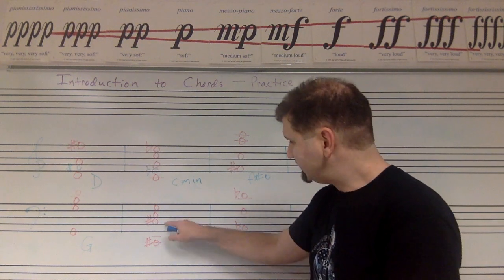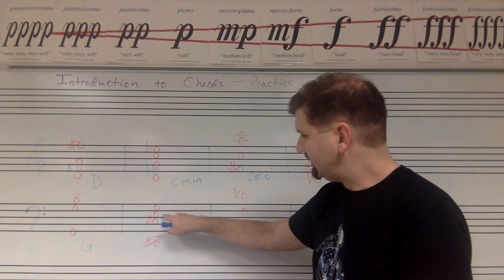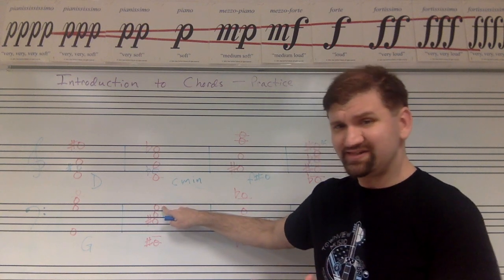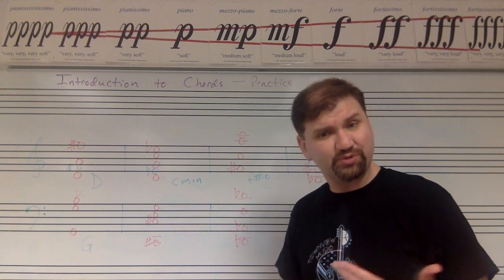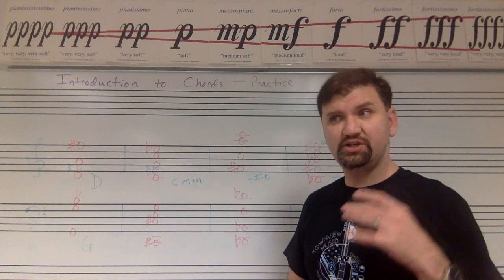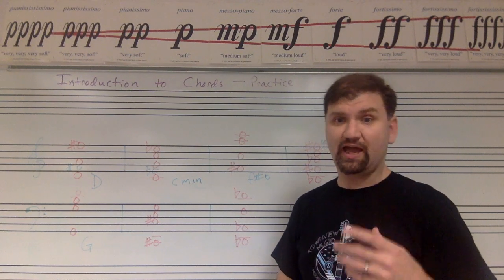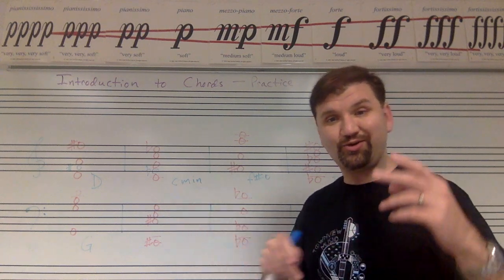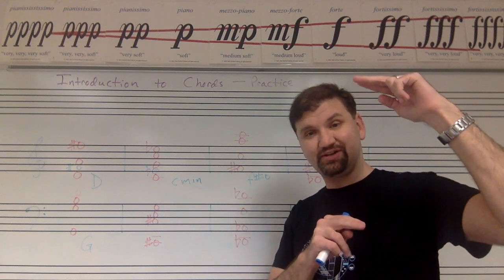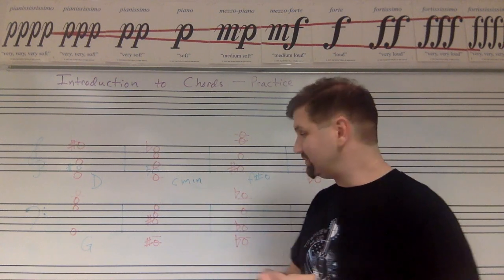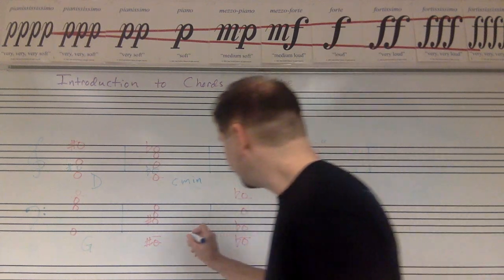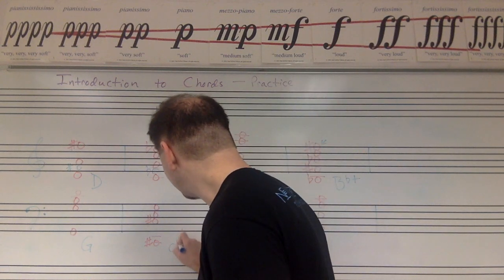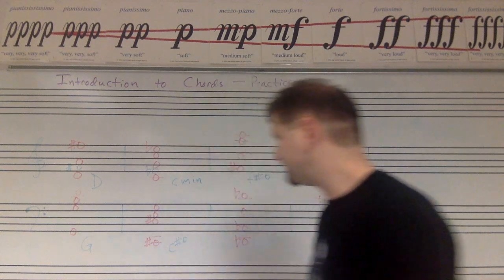Well, that doesn't fit with either one. C sharp major would be all sharped. C sharp minor would still have four sharps, one of which would be G. So we've changed that outside interval and decreased it. So we've turned C sharp minor into C sharp diminished.